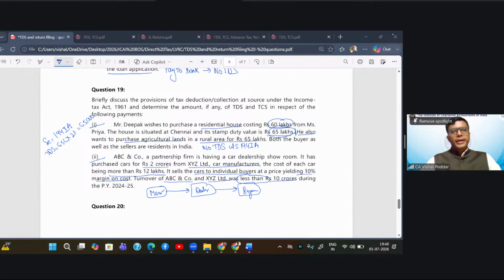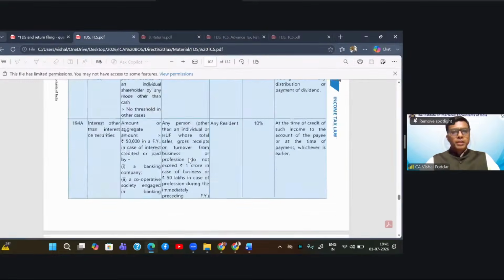Dhanlakshmi, you're quoting the right section, but is it applicable? Okay, Dhanlakshmi, correct. Gayatri, you're right, but again, there are two transactions, Gayatri. Okay, so people have answers, but there are mixed answers.